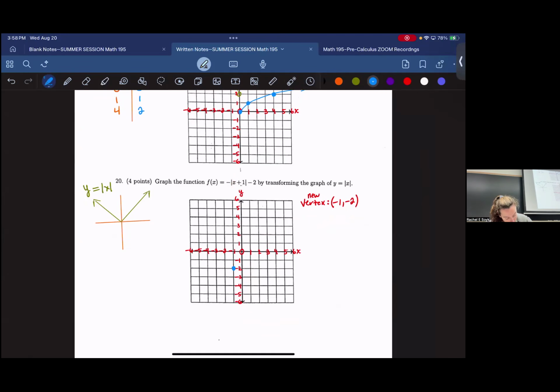So yes, you can do the table of values, or you can just go down 1 for every 1 over each time. And then you have your function. Don't forget to label it. So we have f of x is equal to negative absolute value of (x + 1), minus 2. And we're done.